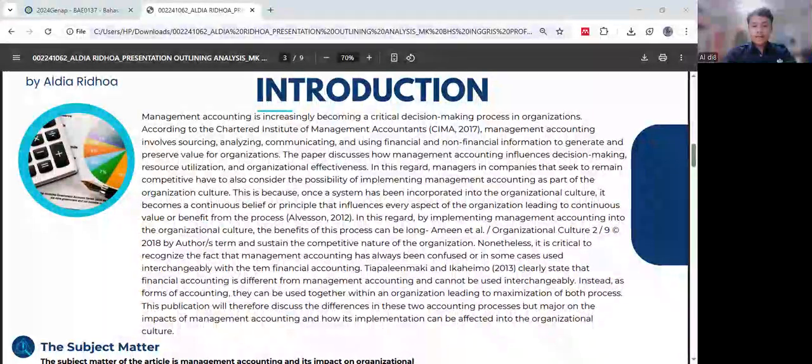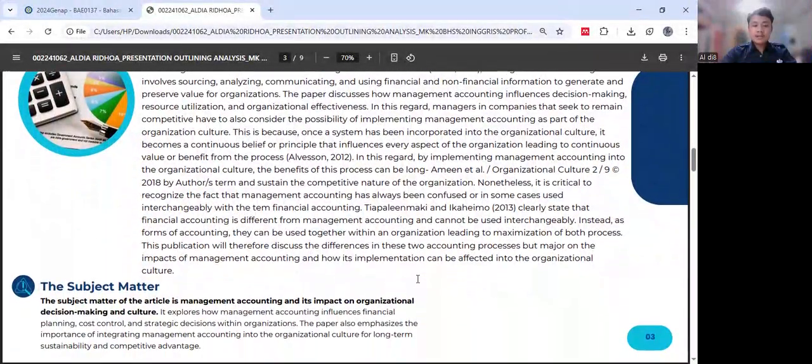Not only that, it turns out that the introduction can also be used to direct the reader to the literature review. Although the message is limited, make sure that in this chapter you also state the results of the research, which are no less important. In here, there is a subject matter.